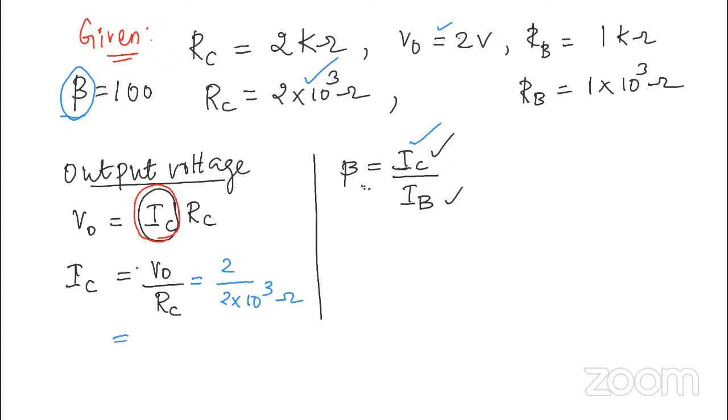So here 2 cancels. So the 10 power 3 மேல வரும்போது it becomes a minus value. So 10 power of minus 3, here it is IC. I அப்படினாவே அதோட unit ampere. 10 power minus 3 ampere என்னன்னு சொல்லலாம்? It is a milliampere or microampere.